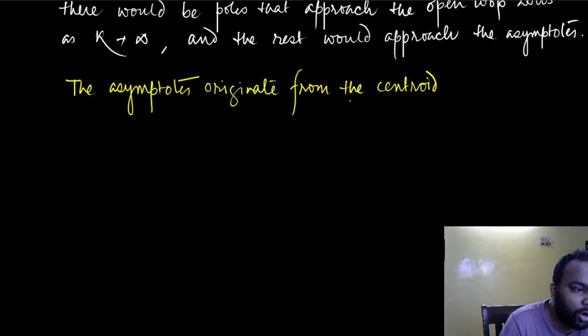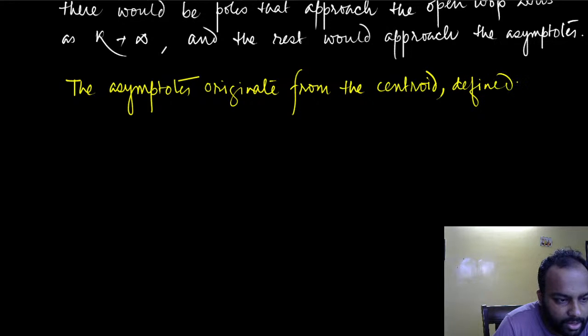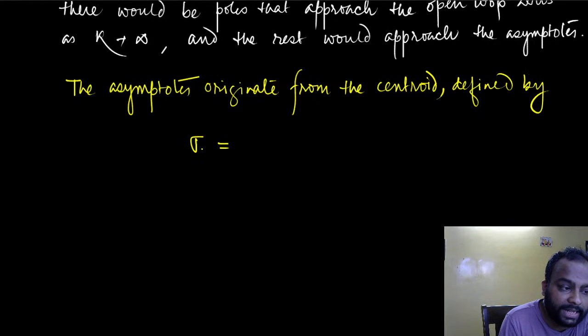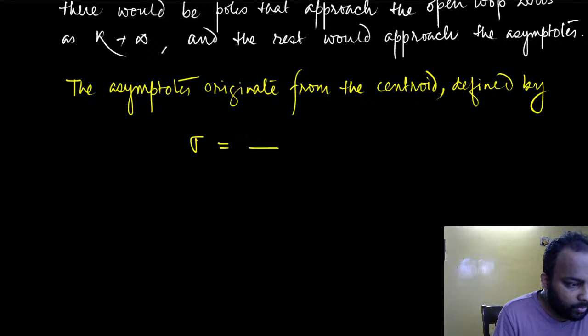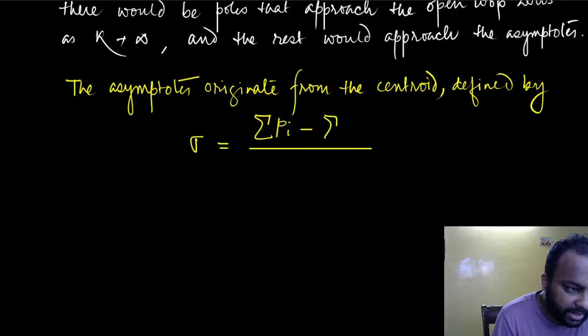So asymptotes originate from the centroid defined by this. There is one important thing to note: the centroid is always going to be a real number. The centroid cannot be a complex number. And this is equal to summation of poles minus summation of zeros divided by number of poles minus number of zeros.